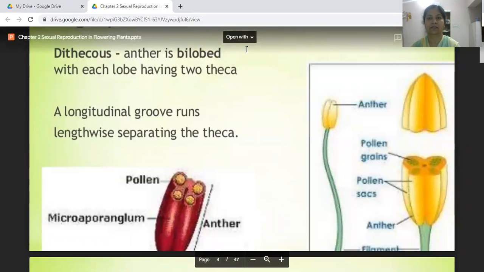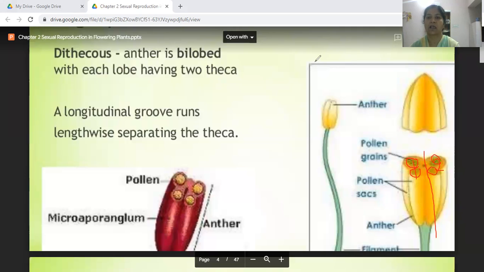So you can see the anther has 2 lobes, as I told you. One complete lobe and a second complete lobe. Inner to the first lobe there are 2 thecae, light green colored structures or compartments.